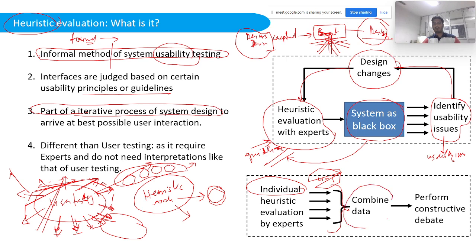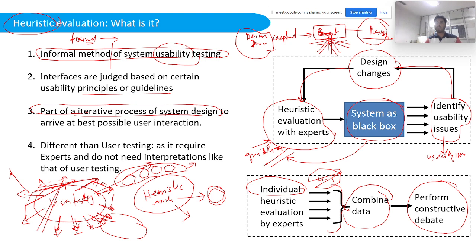Later, after combining, with the same set of experts, you conduct a constructive debate where detail level discussion is carried out to check whether everyone agrees with certain heuristic violations or usability issues.